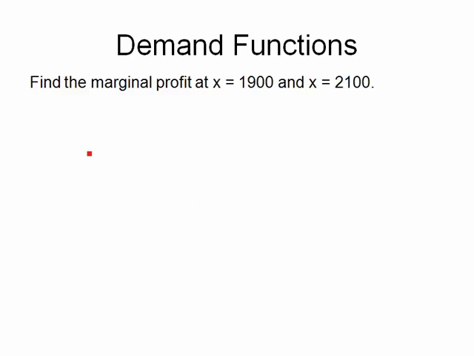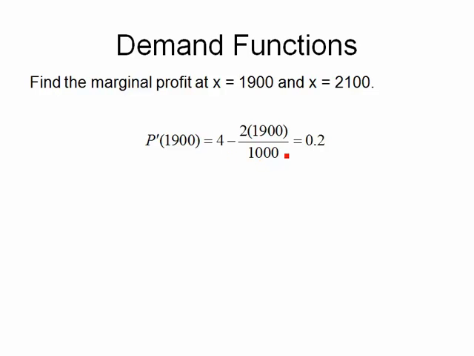Now let's take that marginal profit and find the marginal profit at a level of production of 1,900 and 2,100. So all that's asking me to do is to plug those numbers in. When I plug in 1,900 into this derivative, I get 4 minus 2 times 1,900 over 1,000. 2 times 1,900 over 1,000 is 3.8.